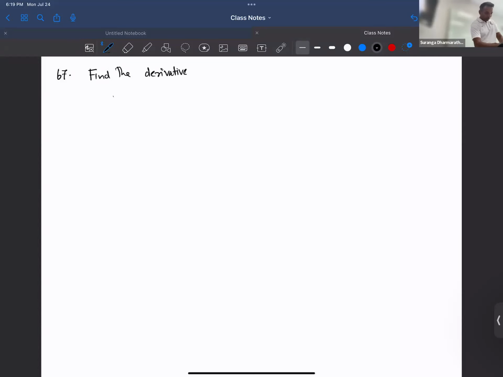You are given y equals 2 times e to the power 3x plus 3 times e to the power negative 2x, all to the power 4.